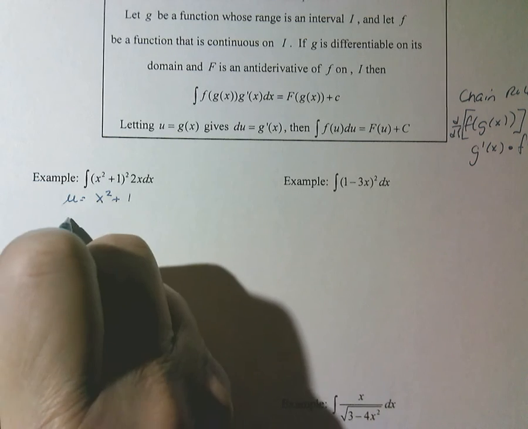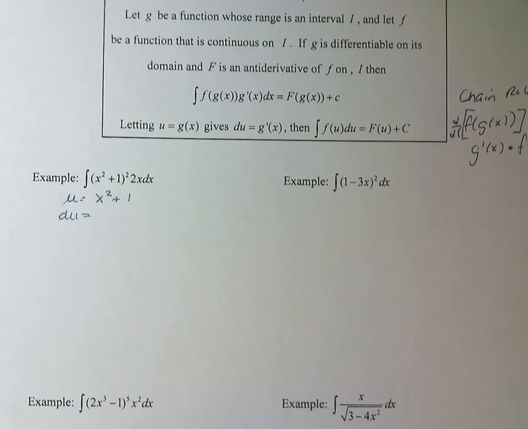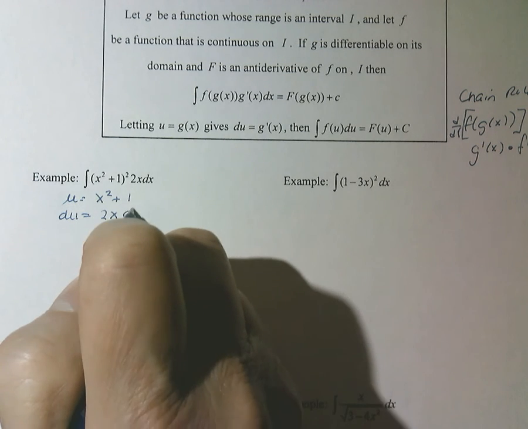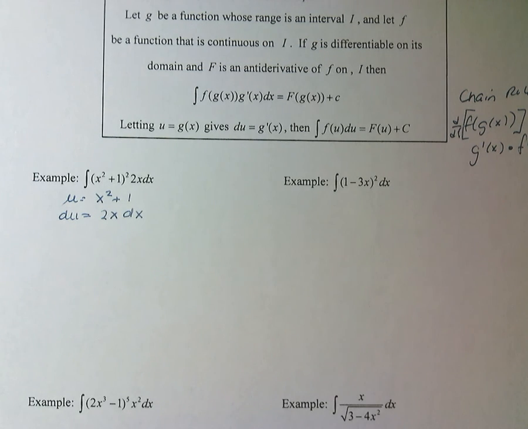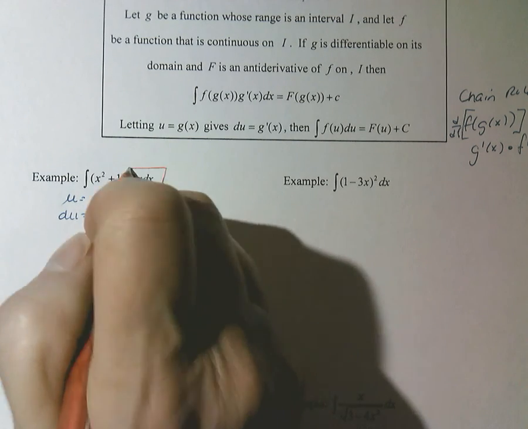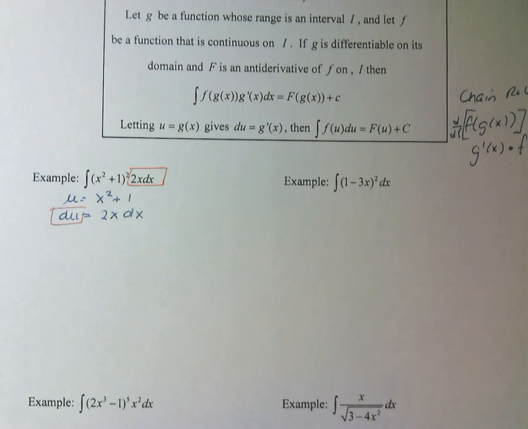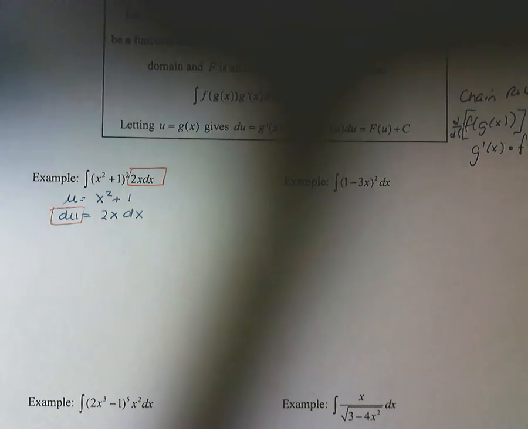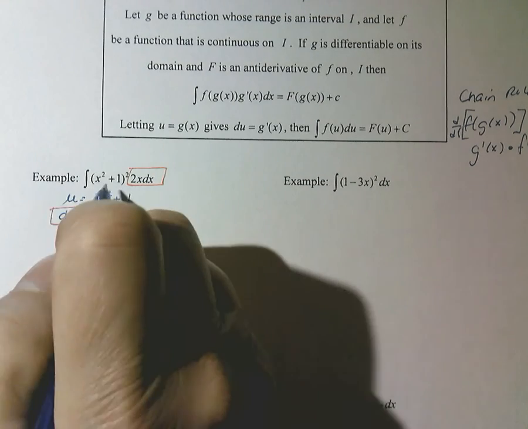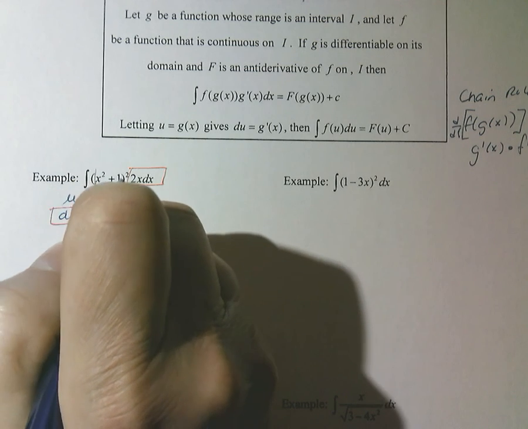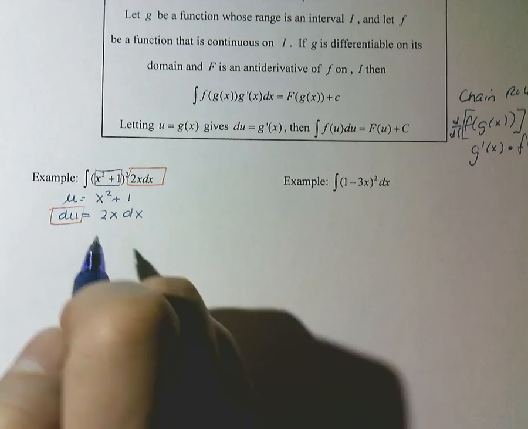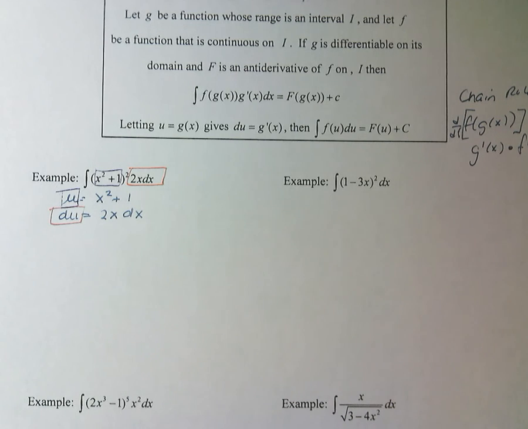So du, the derivative of u with respect to x, is going to be 2x dx. That's important because I've got this 2x dx, and that's going to be replaced with du. This x squared plus 1 is going to be replaced with this u.